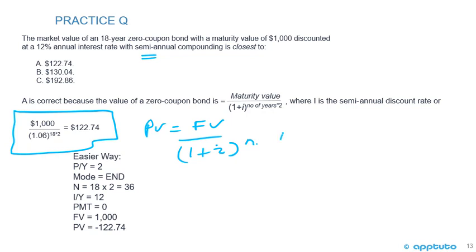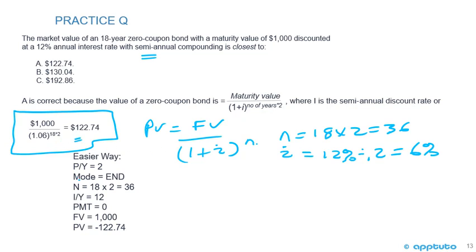So N equals 18 times 2 equals 36. And our I is going to equal 12% divided by 2 equals 6%. Okay, so you can see the algebra. 1,000 divided by 1.06 to the power of 36. We get 122.74.